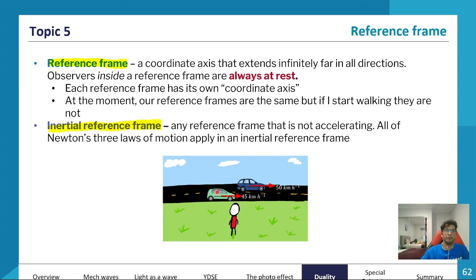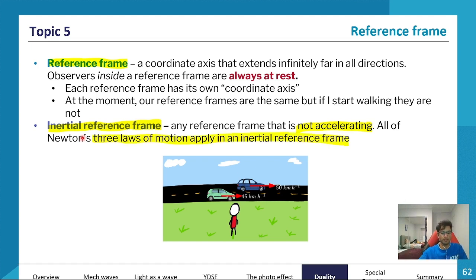And when you get to really fast speeds, close to the speed of light, things start to get a bit iffy. An inertial reference frame is just a reference frame that is not accelerating, and all three laws of motion will apply.